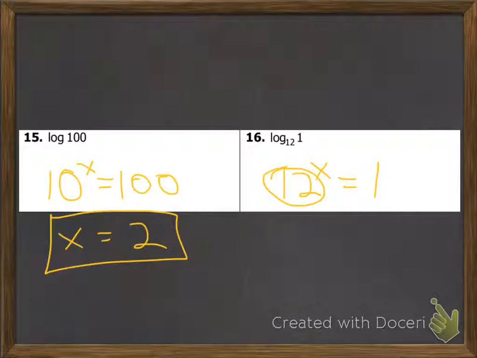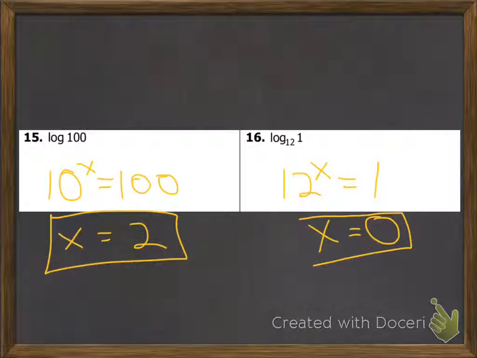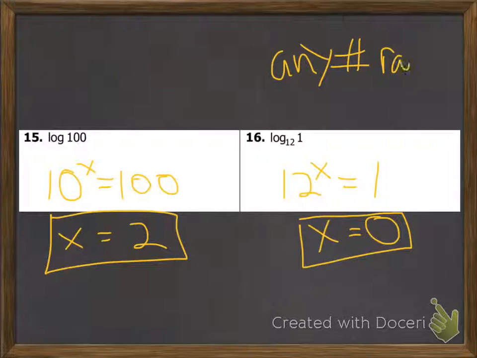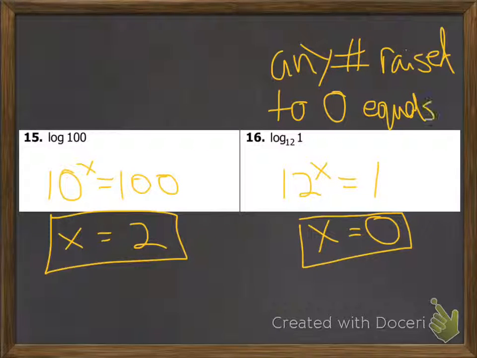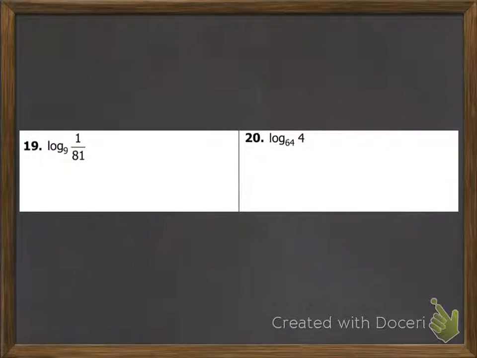This one's a little tricky, so I'll go ahead and give this one to you. x is going to be equal to 0, because if you type 12 raised to the 0 power, you're going to get 1. Any number raised to the 0 power will always be equal to 1. So that's a good little side note to make. Any number raised to 0 equals 1.